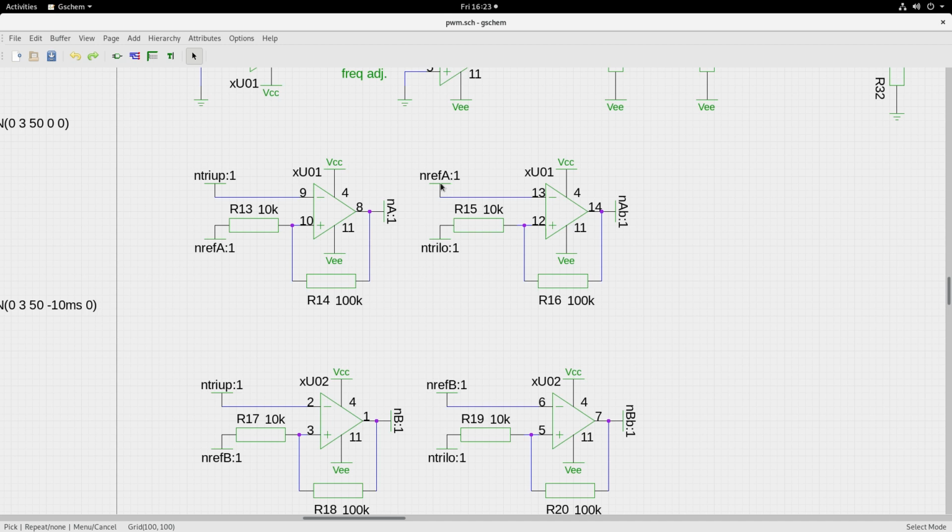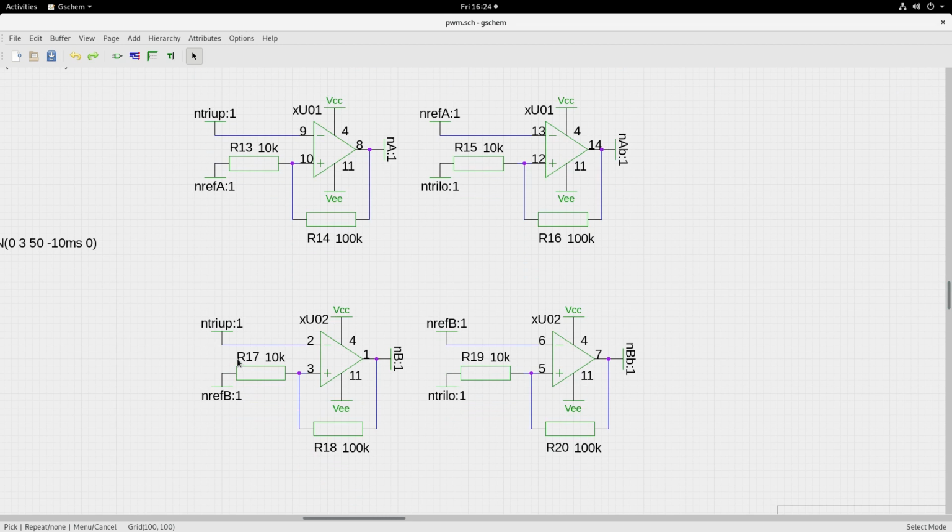Now the sine reference given to the minus and the triangle lower, or VC minus, given to the plus, this will give you the PWM A bar. If this is for the PWM A, this will represent PWM A bar with the dead time.